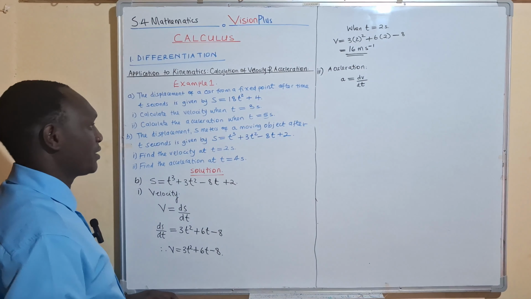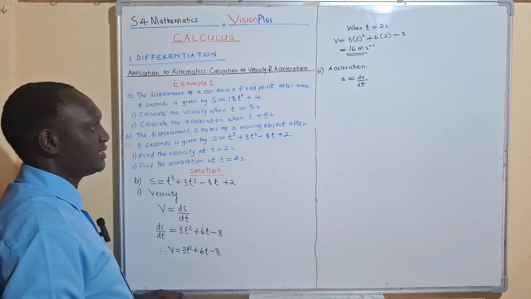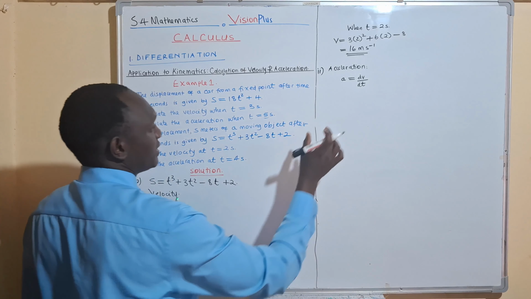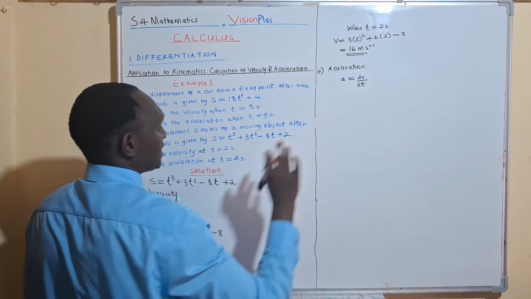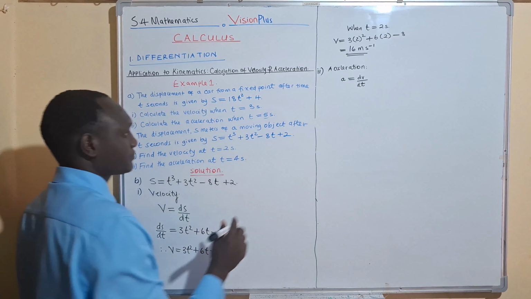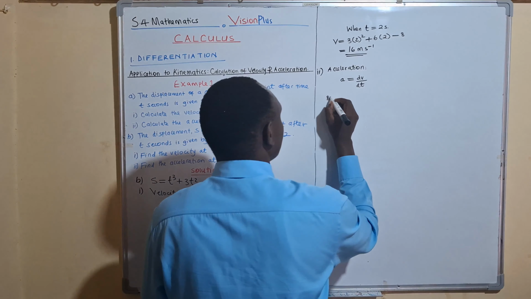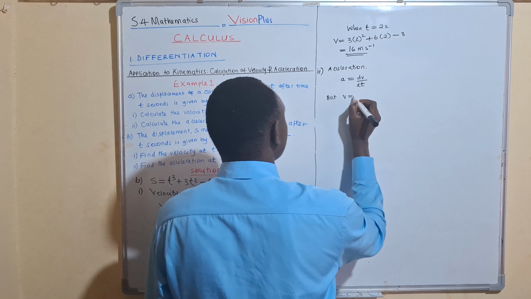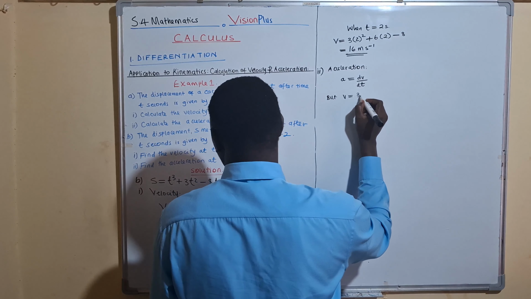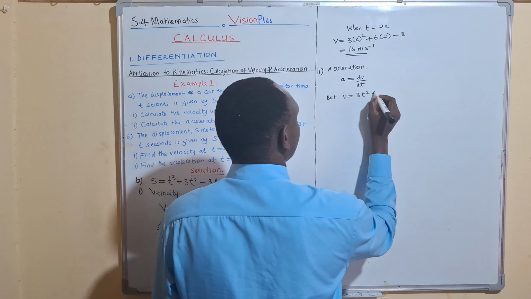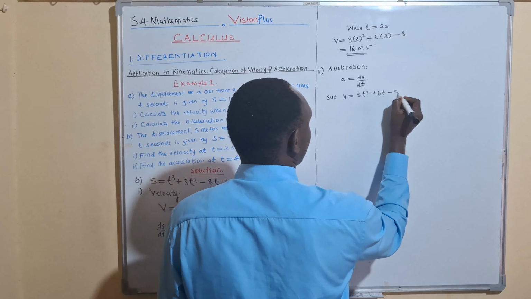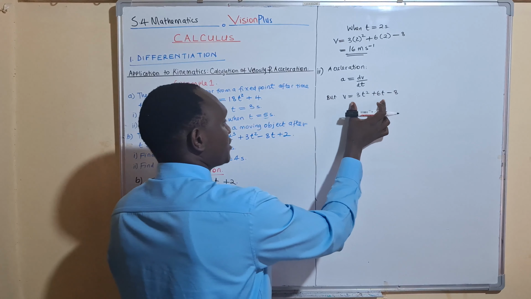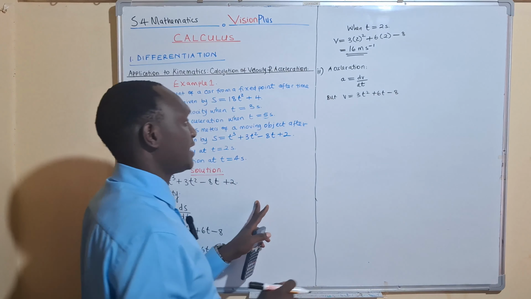Now, for us to get dv/dt, we must know the expression for velocity at any time, which is here. But our v is 3t squared plus 6t minus 8.